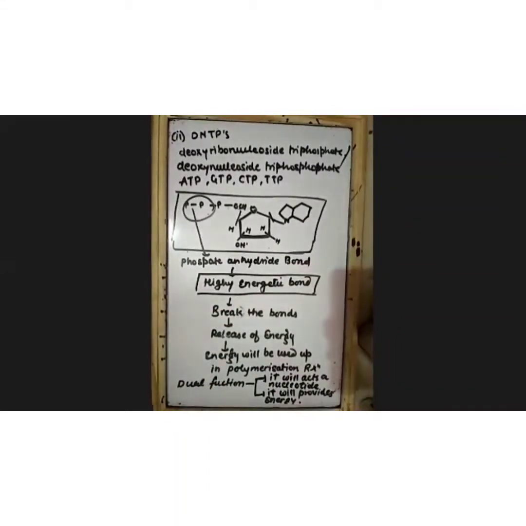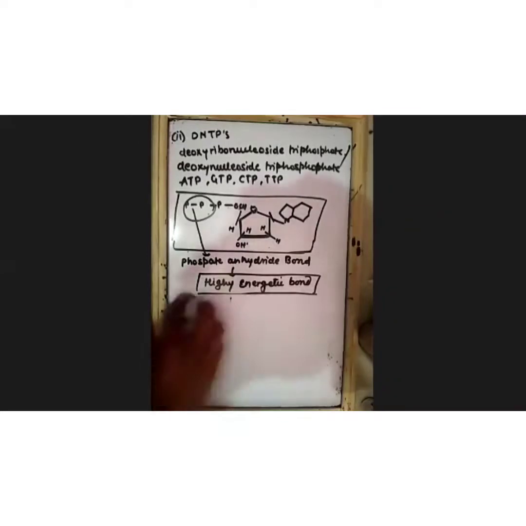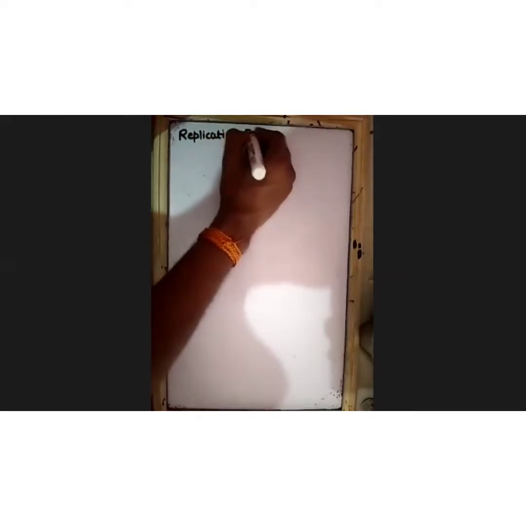Okay. Now next is the replication fork. Assume that we have the DNA here.